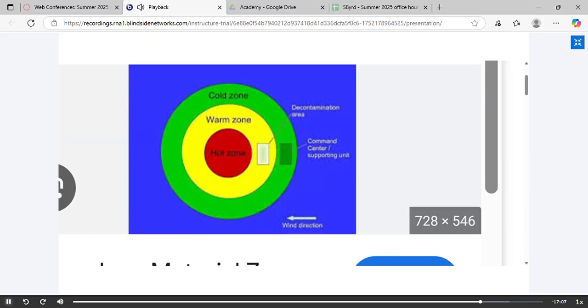You don't have to have specific training because you're not near the release, right? This is where treatment will occur after decon. This is also where triage, treatment, transport, and rehab will occur. You, with your ambulance, you will be in the cold zone. Okay, you will be in the cold zone.